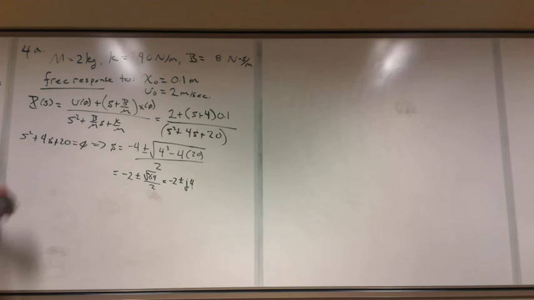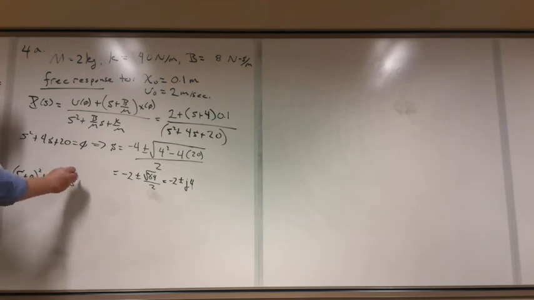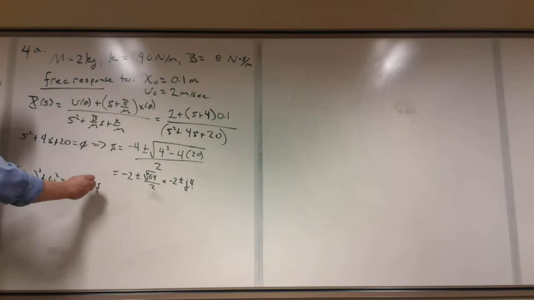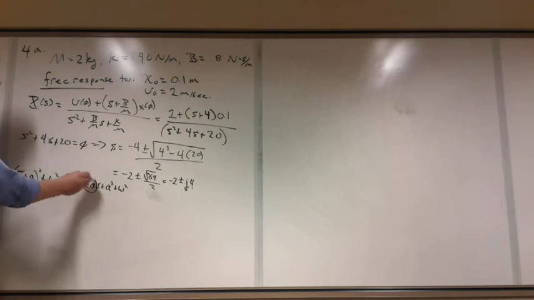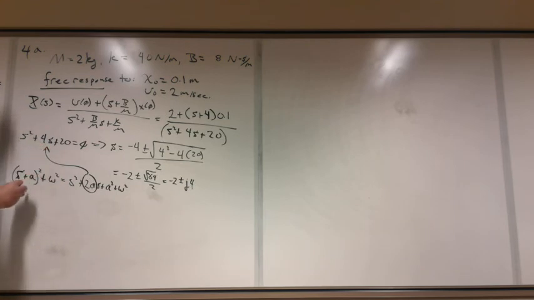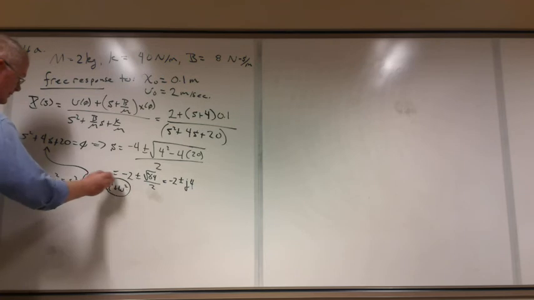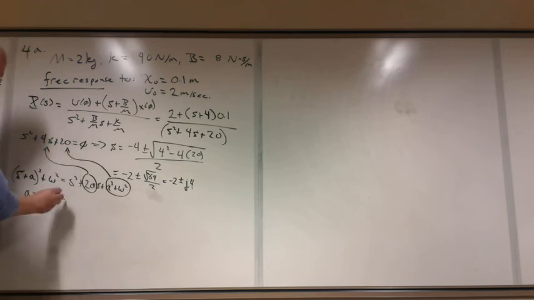So that tells us definitely we need to complete the square. We have s plus little a squared plus omega squared is equal to s squared plus 2as plus a squared plus omega squared. The 2a is going to be equal to 4, so a is equal to 2. a squared plus omega squared is equal to 20.